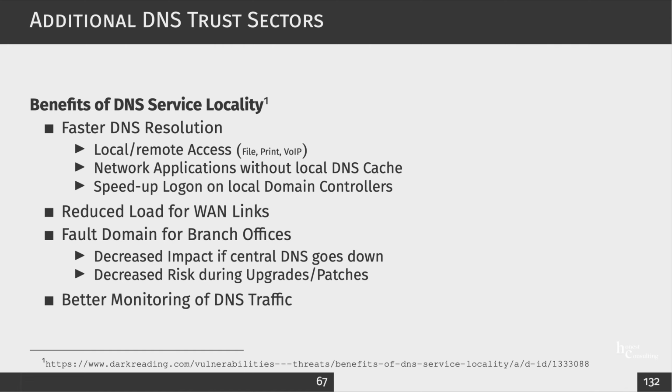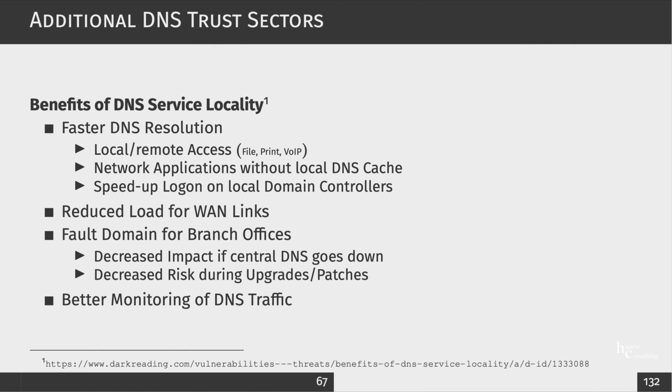You can reduce the load on your WAN links. DNS is a quite thin protocol, I would say. So it's not like using a lot of resources on WAN links. But if you have something like satellite connections, or if you have some little factories somewhere in the middle of nowhere because you are producing special stuff, then even DNS is something that can add a lot of traffic to your WAN links.